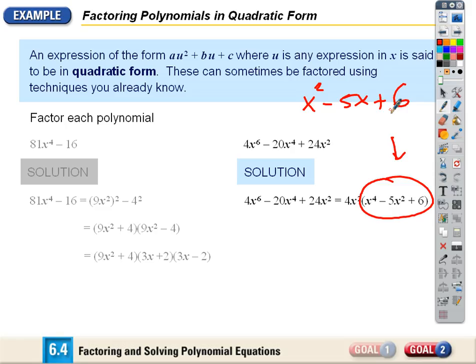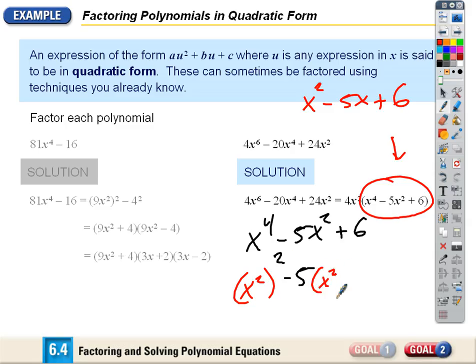What is x squared squared? X to the 4th, right? X squared times negative 5 is negative 5x squared. You see, so this stuff down here, this x to the 4th minus 5x squared plus 6, we can just think of as being x squared, squared, minus 5 x squared, plus 6, right?